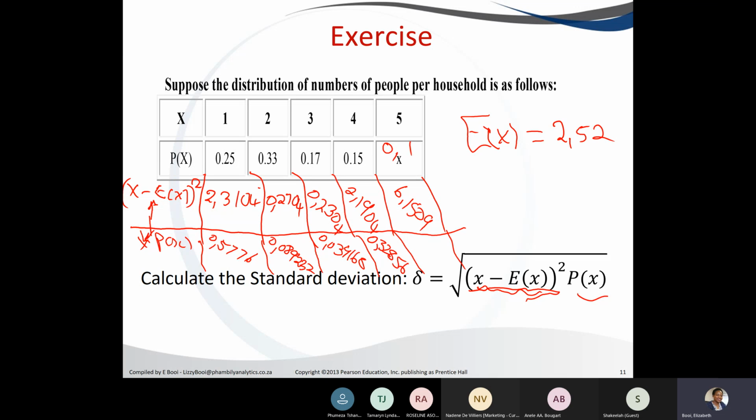The last one, 6.1509 multiplied by 0.1, I get 0.61509.